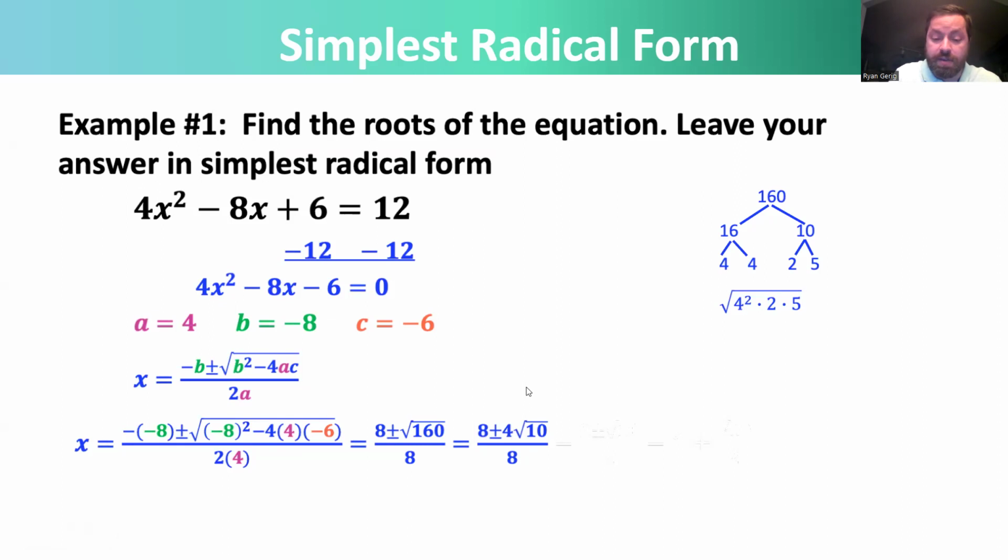What can I divide out of 8, 4, and 8? I can take 4 out of all of those. So 8 divided by 4 is 2, 4 divided by 4 is 1, 8 divided by 4 is 2. It's the number that comes out of all three numbers. So then I could write my answer as 2 plus or minus 1 radical 10, or just radical 10, over 2. The 2's do not cancel here when you write it this way, and that's my final answer.